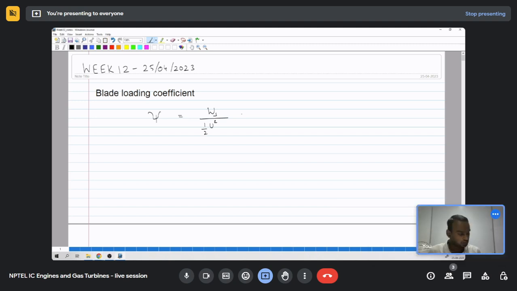So we know that Ws is Cp into delta T naught over the stage, and you have U square in the denominator, and then this 2 comes here. This is one way of representing the blade load coefficient. Some authors eliminate this 2 and then write it like this.